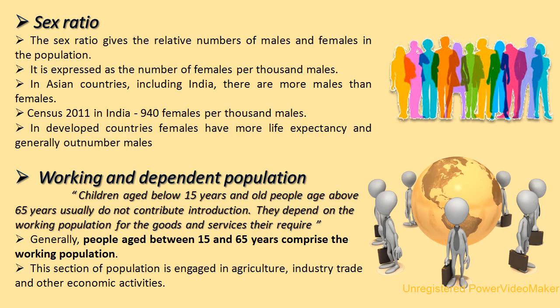Age below 15 years, that is children; between 15 to 65 years; then 65 years above. That is the 3 categories on the basis of age, and sex ratio, females and males. And the last categorization, working and dependent population. This will give you a clear picture regarding the quality of the population of a particular country.